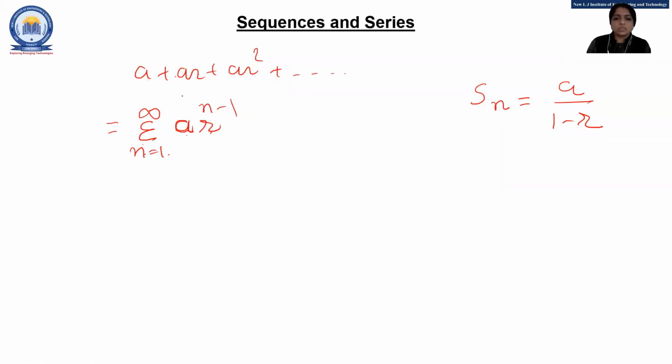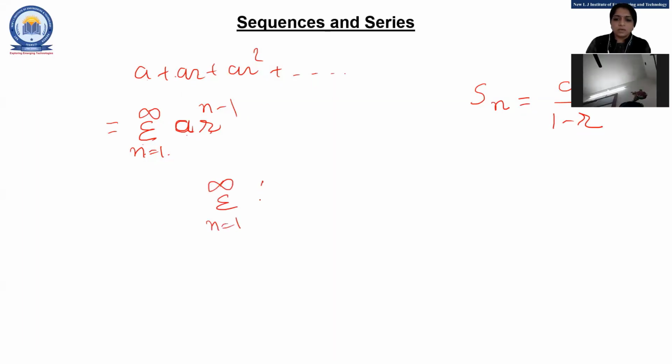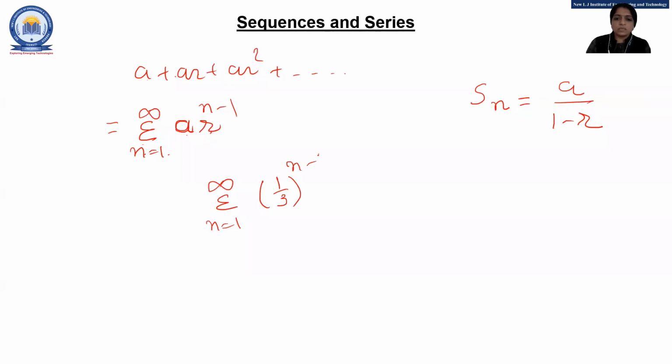Okay, let me give you one series. Suppose we have summation n equals 1 to infinity 1 by 3 raised to n minus 1. Students, please listen carefully. This is also a geometric series.